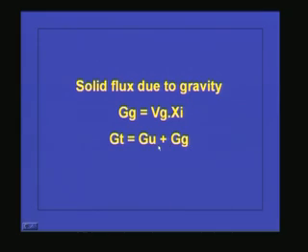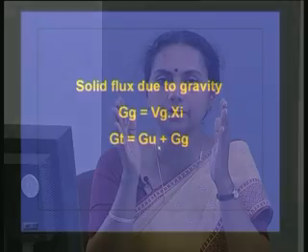I will explain once again. We have a clarifier where the underflow is also taking place, and we know the rate at which the sludge is withdrawn from the sedimentation tank. The sludge is settling down, and because of the sludge weight itself there will be some settling velocity, which is known as the gravity velocity.